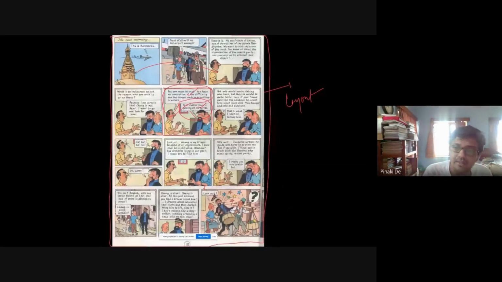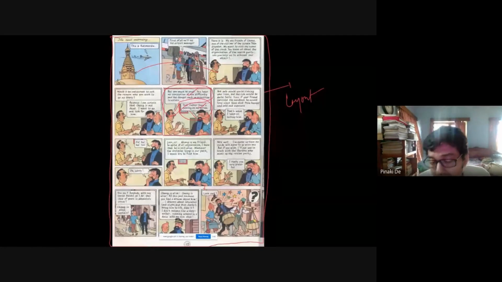So gutter is something that also negotiates the movement of one panel to the other.